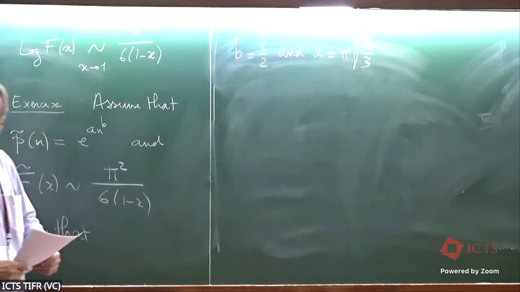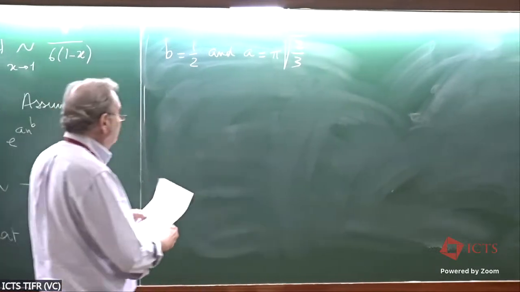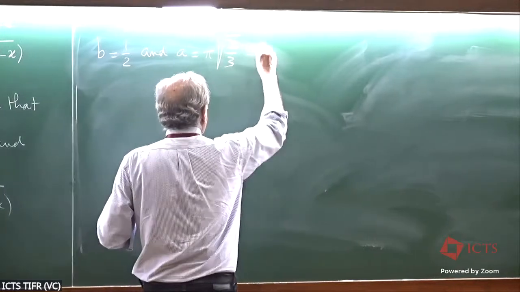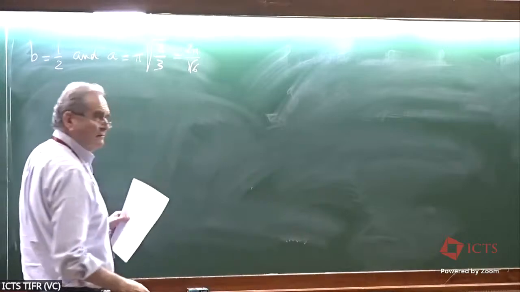You may multiply above and below by 2, and if you prefer to write it as 2 pi over square root of 6, it's fine, you are welcome. Multiply by square root of 2, numerator and denominator. Okay, so this is a little exercise.